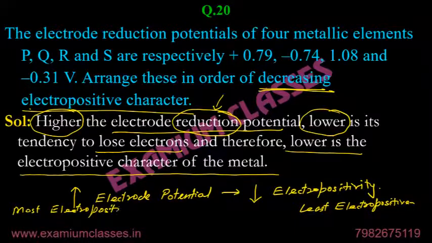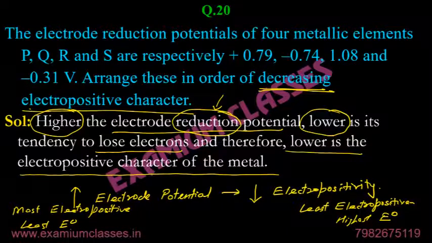This is what is asked. Decreasing electropositive character means least electrode potential here, highest electrode potential on the right hand side, because both are inversely proportional. If electrode potential increases, electropositivity decreases. So if electropositivity is least, electrode potential must be highest.